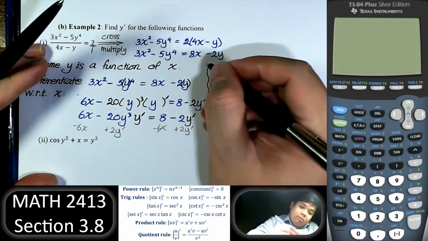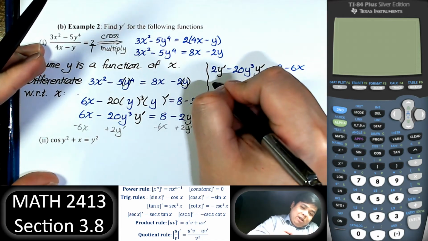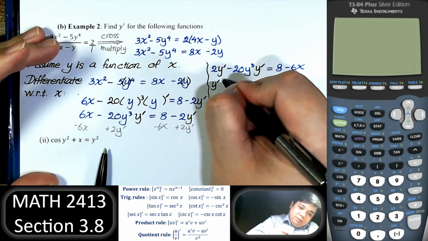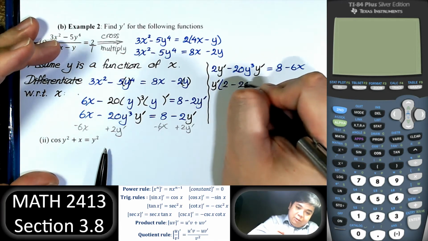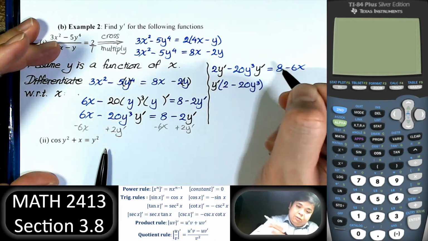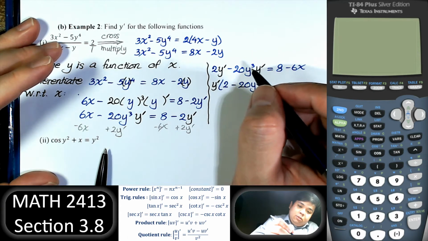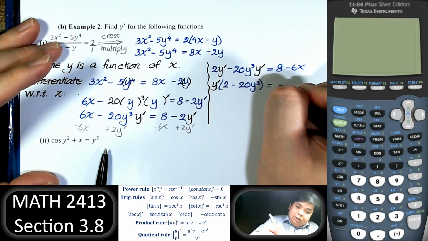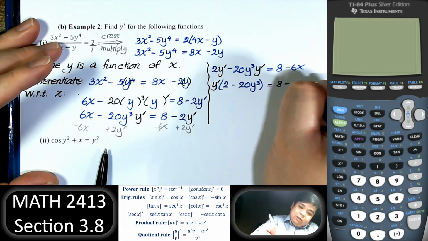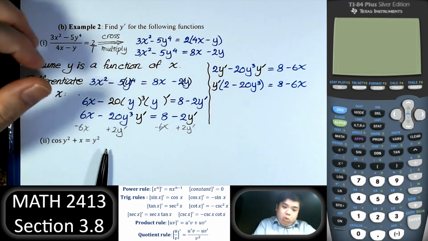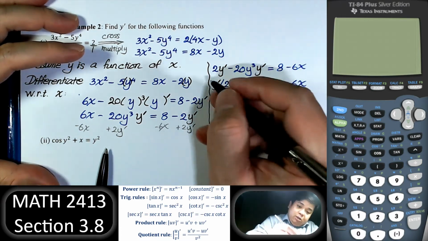Factor out the y prime. By the way, we can divide everything by 2 if we want to. Yeah, so y prime, factor out, we have 2 minus 20y cubed, and finally divide by the parentheses.